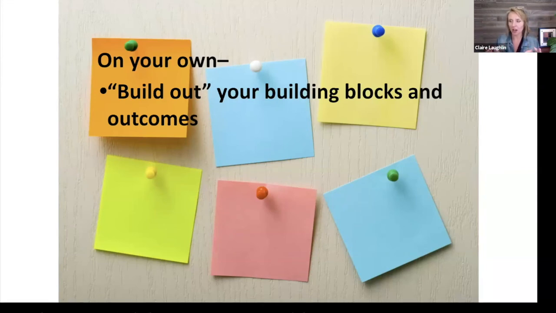Each building block has its own little mini MIT, its own little mini most important takeaway. I don't often publicize those to my participants. I don't talk about the mini MIT that's embedded in every building block.